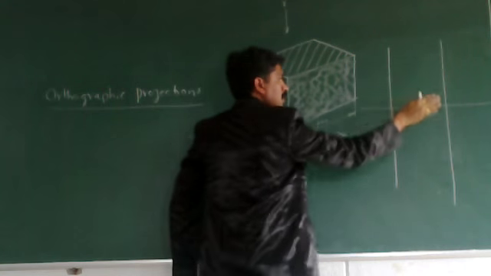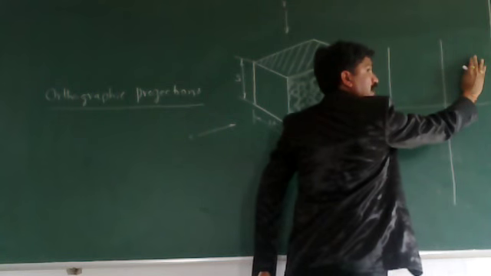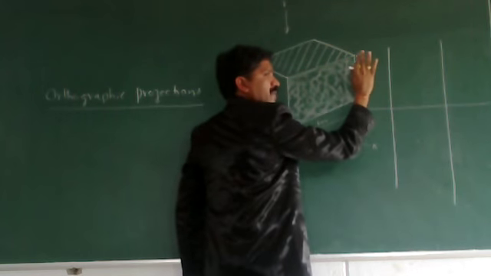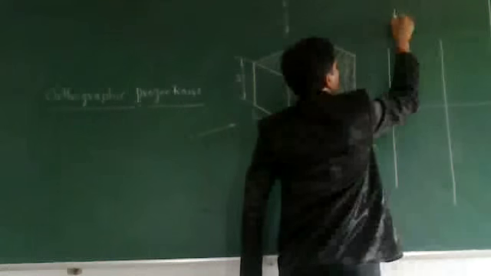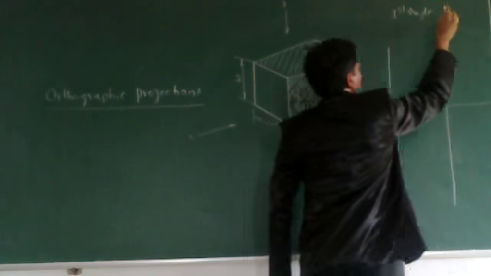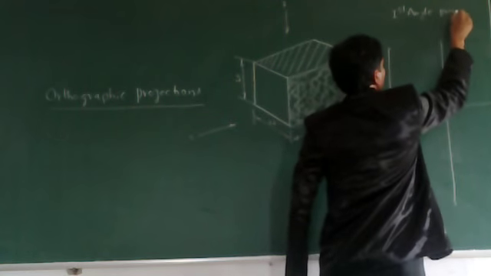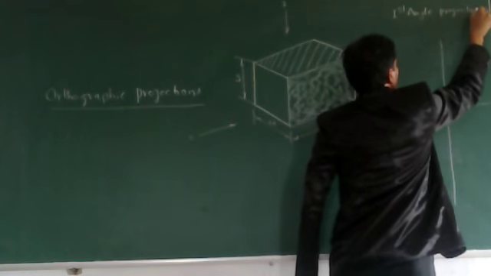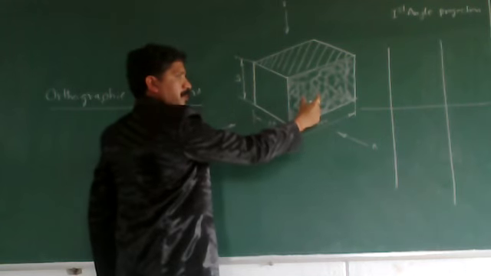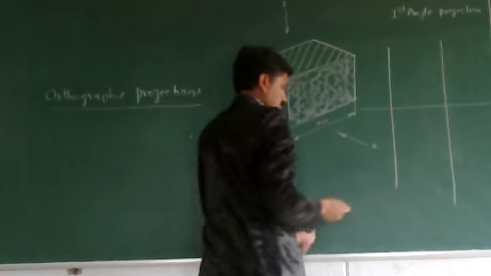This placement is for the front view, this placement for the top view, this placement for the left side view, and this placement for the right side view. This is according to the first angle projection. Now simply observe this shape and represent it here.